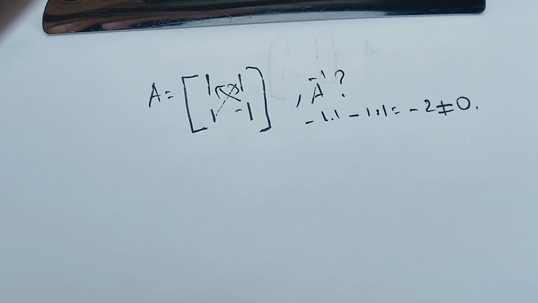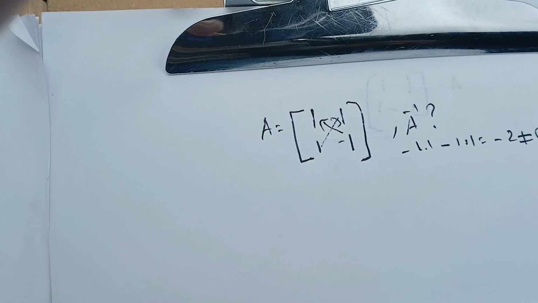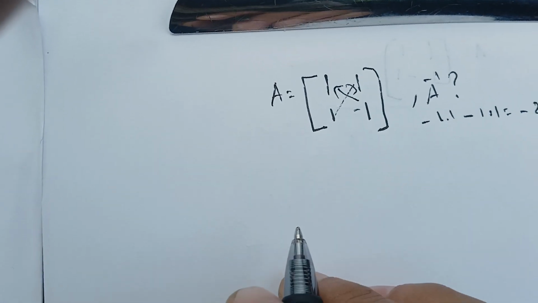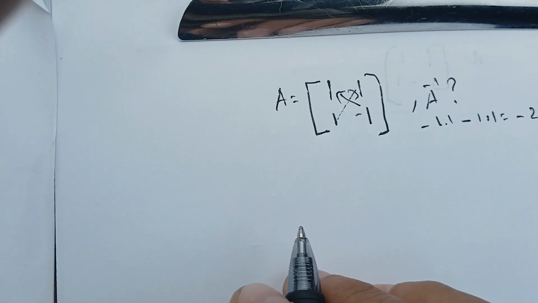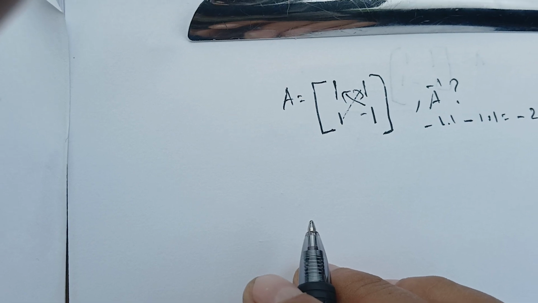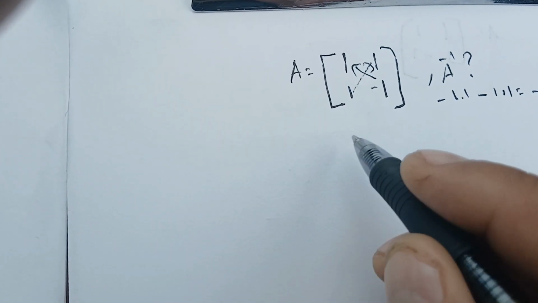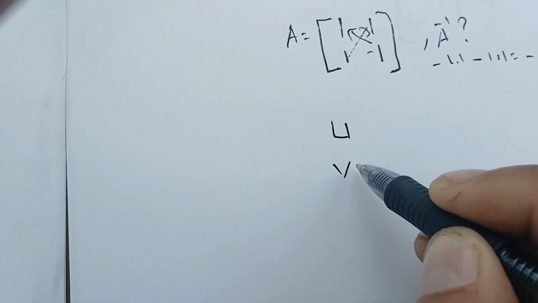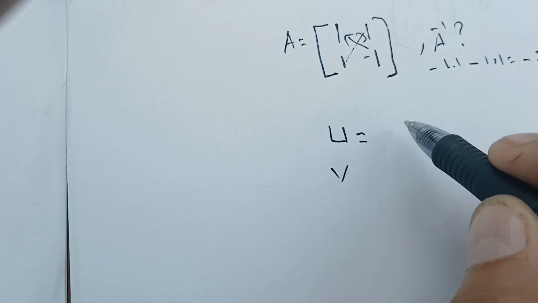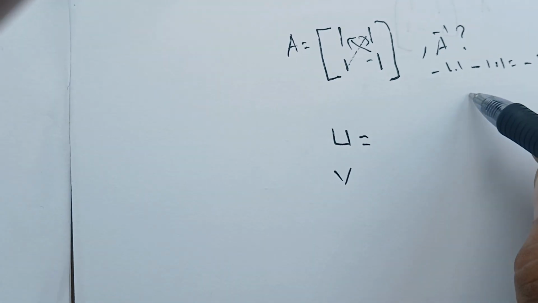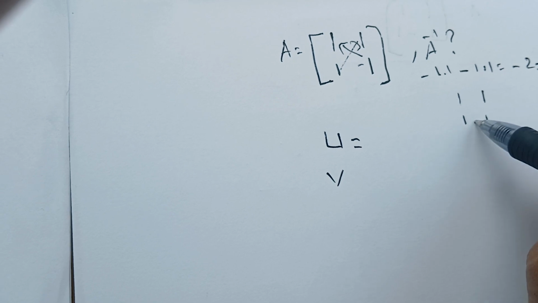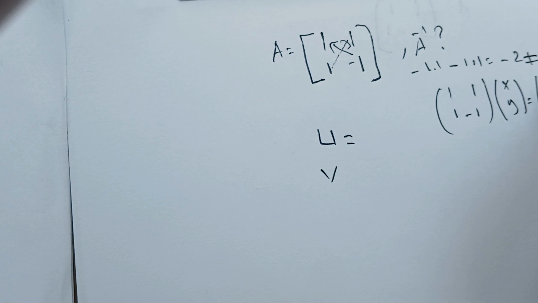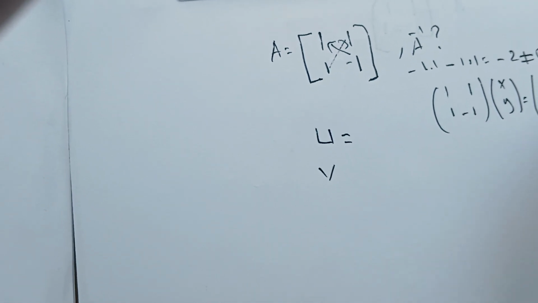That means the inverse exists. Okay? So to do that, we're gonna see that when we apply this matrix 1, 1, 1, minus 1 to a vector x, y, we get x plus y and x minus y.